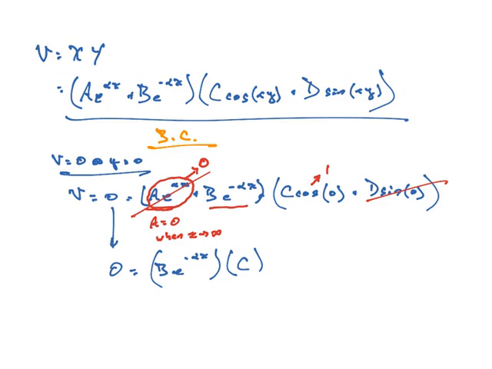Well, the only way is if either B is equal to 0, but no, we're going to leave that alone for now, or C is equal to 0. And indeed, that's the one we're going to set. So we've learned from this boundary condition specifically, C must be equal to 0.